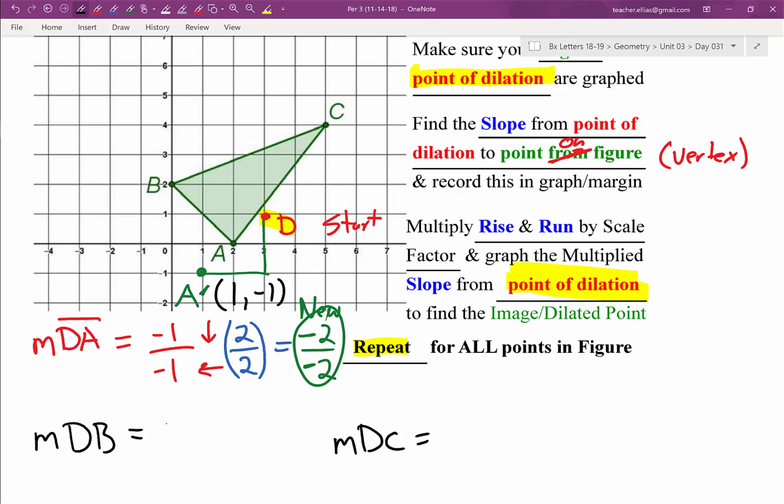We're going to solve it, but how? What points are left? Oh, C and B. Perfect. You're going to repeat this process for C and B. You're going to graph B prime, you're going to graph C prime. Take the 2 minutes that are left. Who are you allowed to work with?